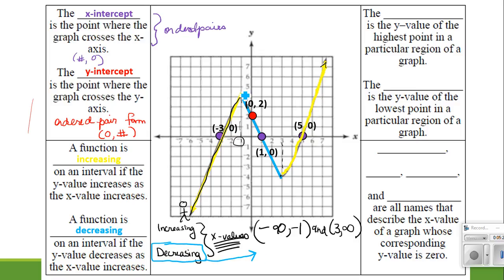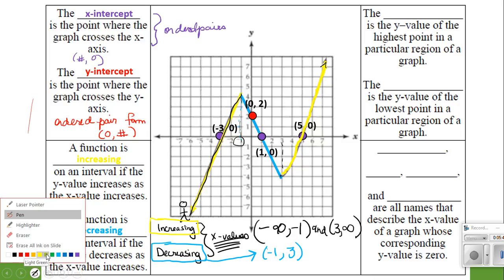It's decreasing from what x value? Yep, -1 all the way to 3. Good. So increasing, the graph is going up from left to right. Decreasing, the graph is going down from left to right.